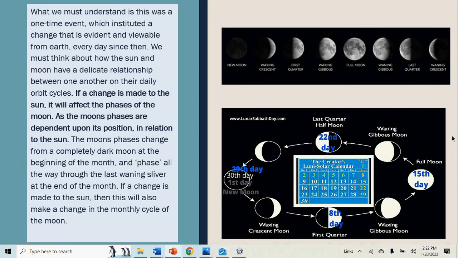If a change is made to the sun, it will affect the phases of the moon, as the moon phases are dependent upon its position in relation to the sun. The moon's phases change from a completely dark moon at the beginning of the month and phase all the way through the last waning sliver at the end of the month. If a change is made to the sun, then this will also make a change to the monthly cycle of the moon.